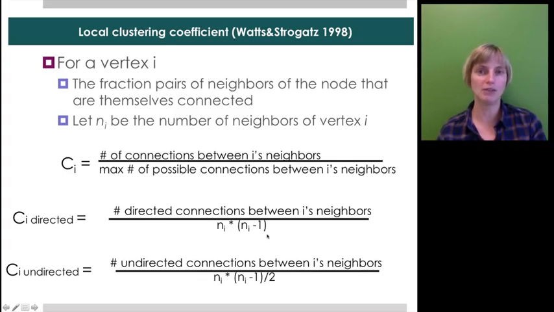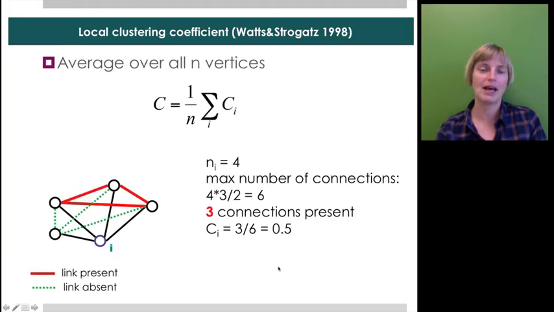Or if it's undirected, say frequently friendship is treated as undirected, then the number of possible pairings of your friends who could be friends with each other is n times n minus 1 divided by 2. And as I mentioned, if you want to get the clustering coefficient for the entire graph, you just average over all the nodes. So let's see how we would calculate this for one vertex I.